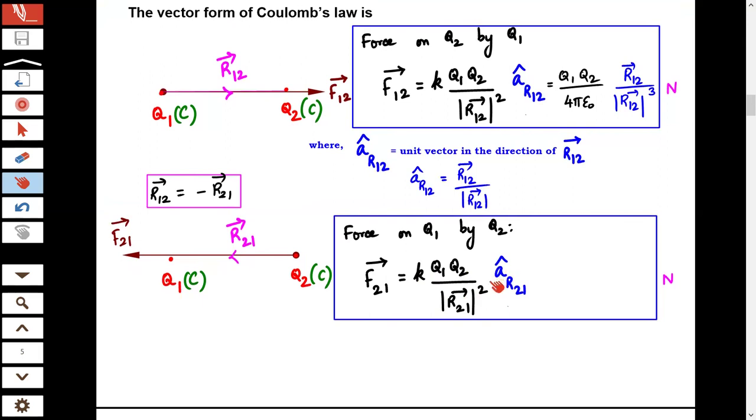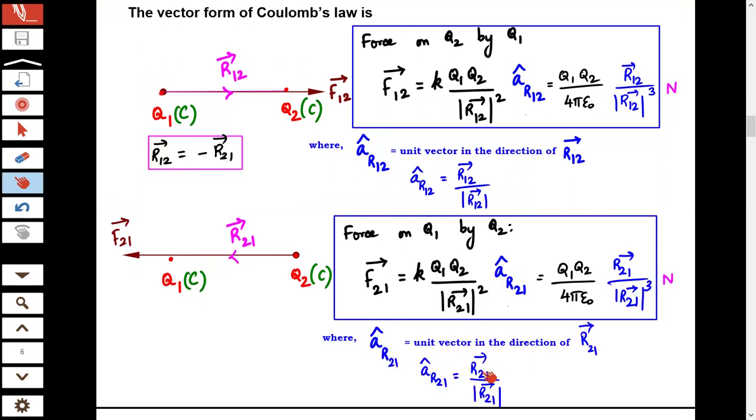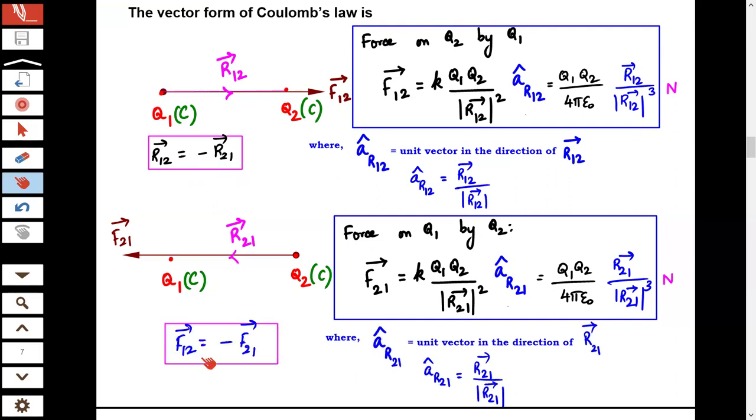In this case, the unit vector can be given as vector R21 divided by its magnitude. We should also note here that R12 and R21 are equal and opposite vectors. Thereby, we can write R12 is negative of R21, and therefore the force also: F12 is negative of F21. These are equal and opposite forces.